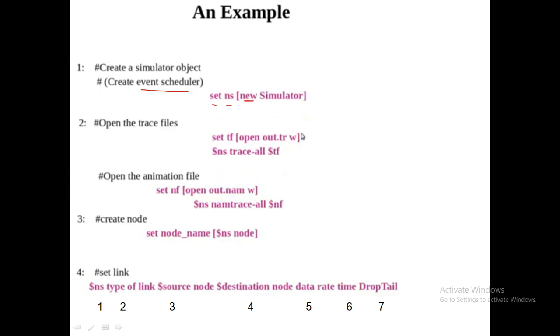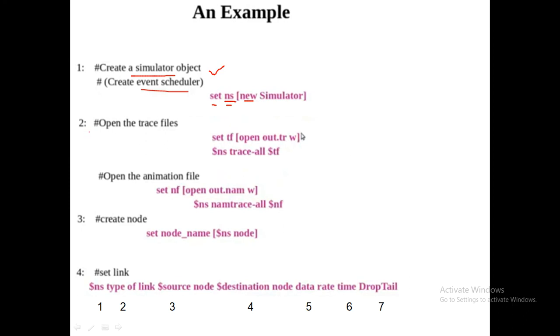Now you are going to create an object of the class called Simulator. What is that object name? ns. Clear? ns is an object. You are creating an event scheduler of this class called Simulator. This is how you write the command to create a simulator.